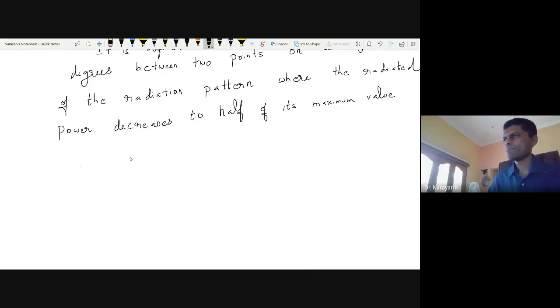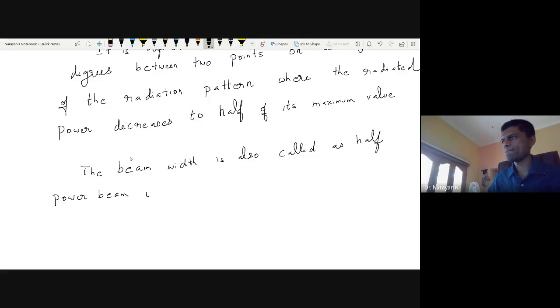The beam width is also called half power beam width, HPBW, because it is measured.